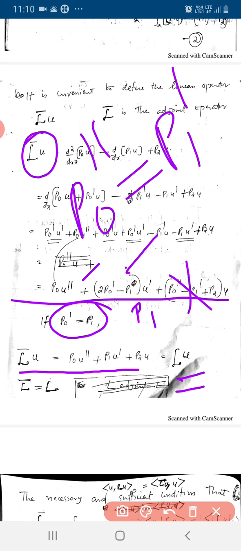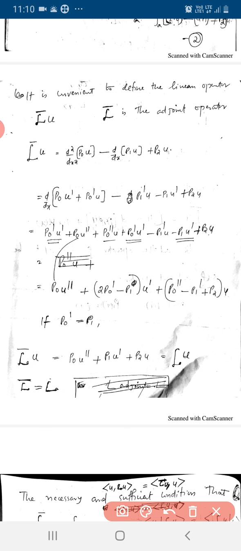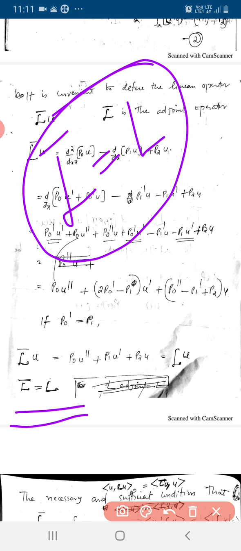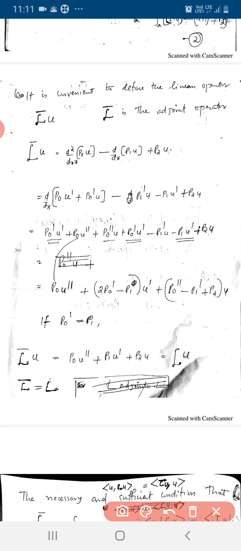So L adjoint u is equal to Lu, or L adjoint is equal to L. That means this is self-adjoint. How is it self-adjoint? When p0 prime is equal to p1.